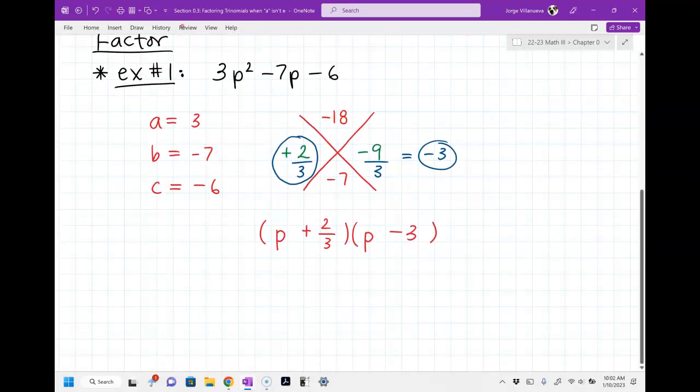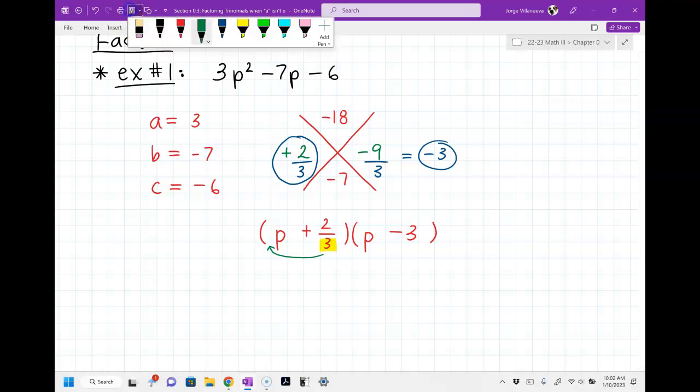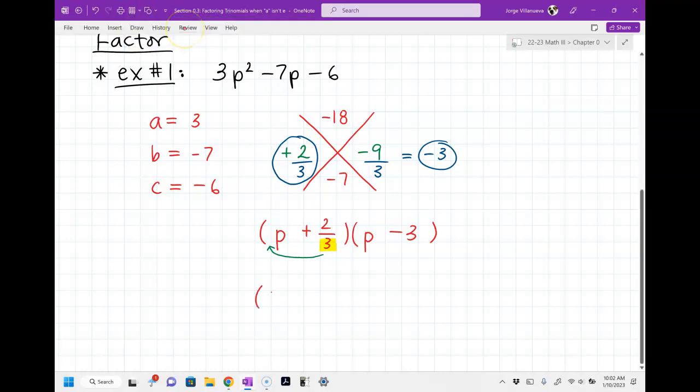So what you have to do is take the denominator, this little piece right here, and move it to the front. You're going to take the bottom up to the front of that p. So your answer is going to be (3p + 2)(p - 3).